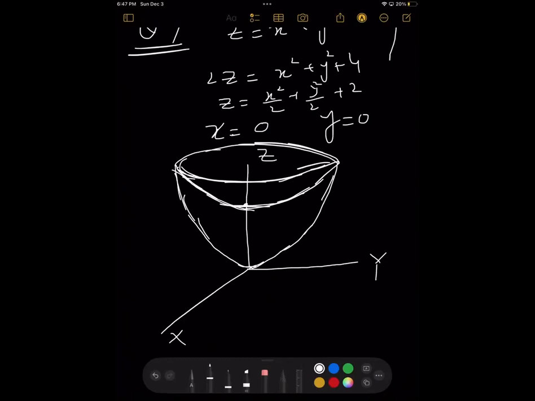Now, this is our z going up. This is our y. Please mute if you don't want to ask a question. So this is our x, this is our y, fine?